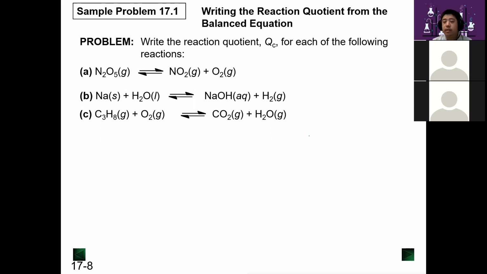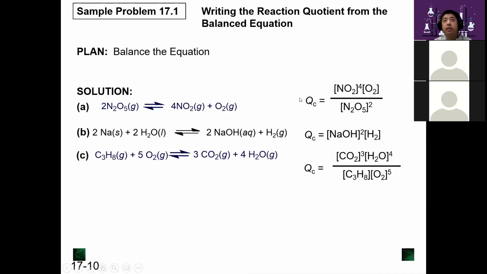Seems like everyone's done. So I'm going to challenge you. If you finish really quickly and you thought it was really easy, I would go back and double check. So the first thing you want to do here is you want to go ahead and balance the equation. And that's always true for all equations. So if you didn't balance the equation, you're not going to get the correct answer at all.